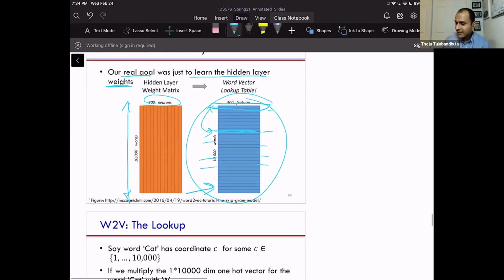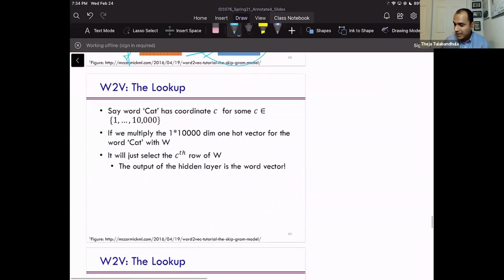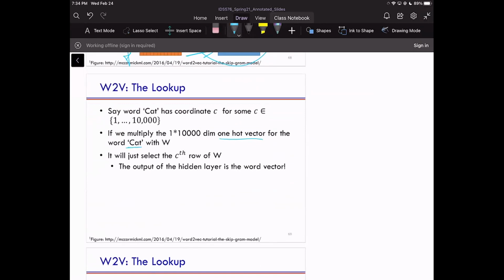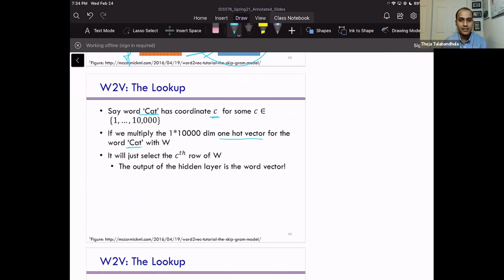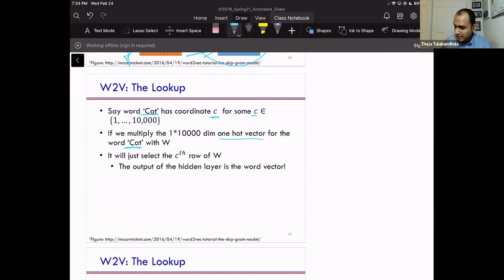In fact, there's a nice interpretation here. When we multiply this one hot encoded vector, let's say we're talking about the word cat, it'll have some coordinate to be 1 and everything else to be 0, right? It will correspond to some index in those 10,000 rows. But when we multiply that one hot encoded vector for cat with this matrix W, we actually get that row.